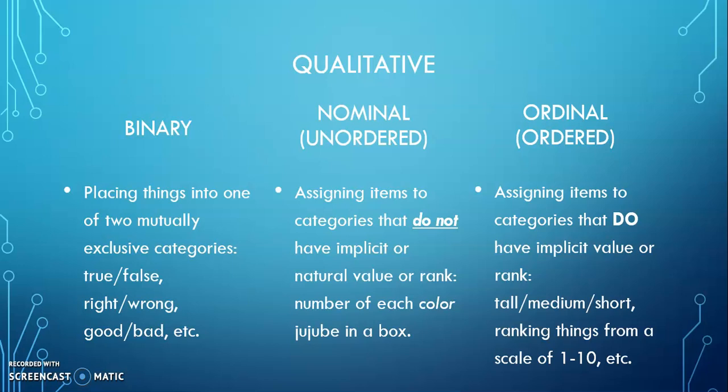If it's short, you immediately think of things that are short. While those values might be more defined based on whatever project you're doing, you're still going to have an inherent order to these things. So ordinal data is assigning things to categories that do have an order. You either really, really like something, so you give it a 10, or you really hate something, so you give it a 1, depending on the scale that you use. So there is an inherent order with ordinal data.